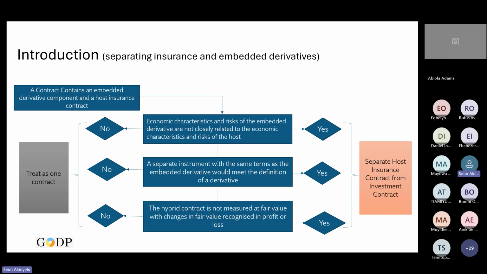The last one you need to consider is that the instrument is not measured at fair value through P&L. Remember that a normal derivative is measured at fair value through P&L. So in a situation where there's no hedge effectiveness, it is measured at fair value through P&L rather than through OCI.